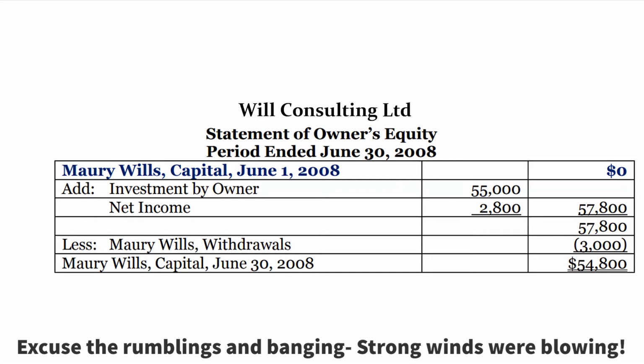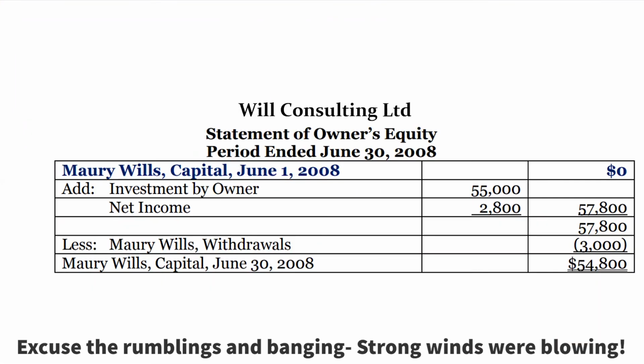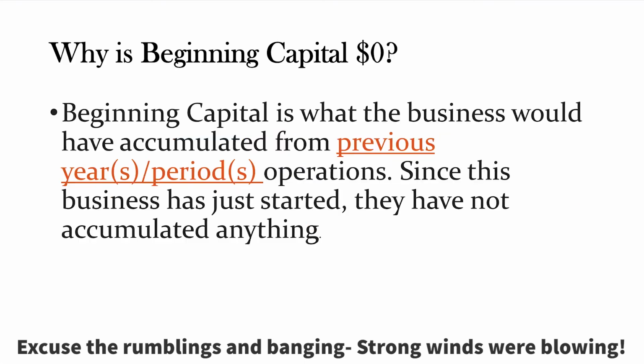We're putting in our net income coming from our income statement, summing that we've gotten $57,800. Right, we add it and then we're subtracting our withdrawals. You would have seen our withdrawals in our trial balance right there, a withdrawal of $3,000. So we subtract that and our ending capital is $54,800, which we'll be taking to our balance sheet. And this is your statement of owner's equity, right?